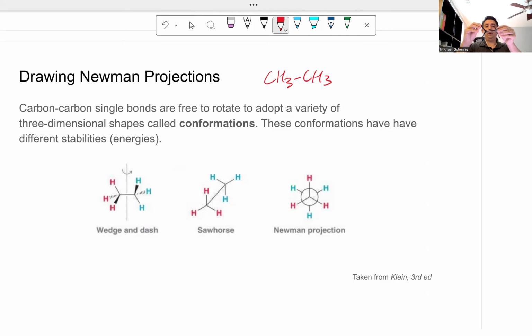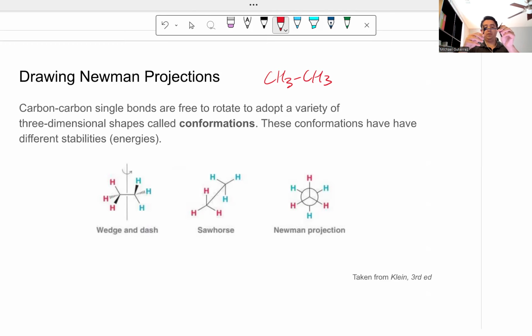Now, this rotation causes different amounts of stability within this molecule. If I were to spin this around the front, and take a picture of it and freeze it in time and get a snapshot, that snapshot is what we call a conformation. It's the three-dimensional arrangement of these atoms. And in reality, because numbers are infinite, I could get an infinite number of conformations because I can go 0.1 degrees and then 0.11 and 0.111 and so on.